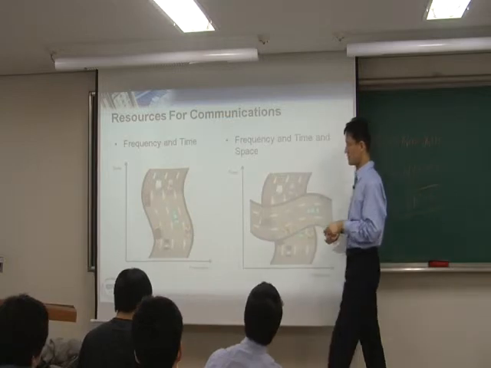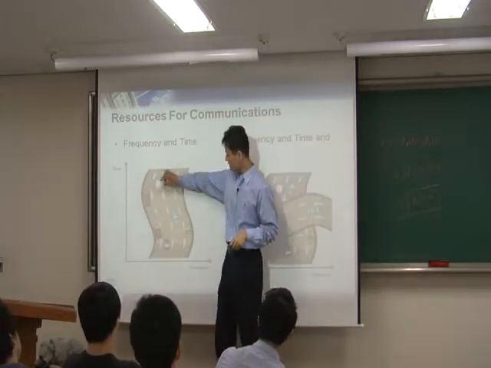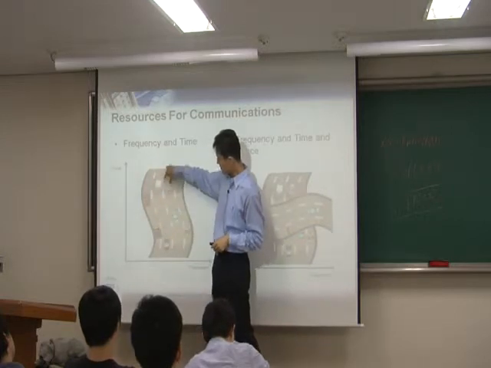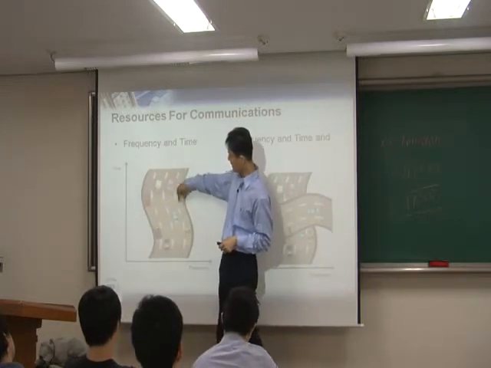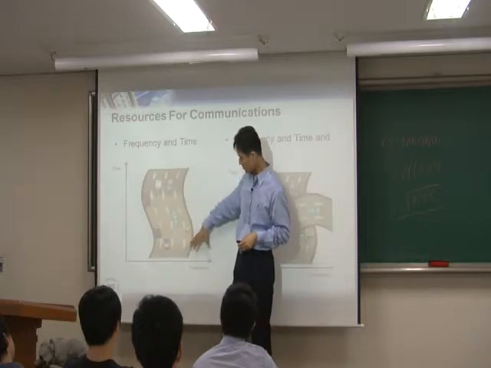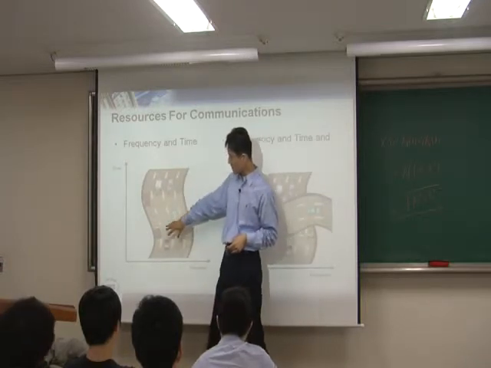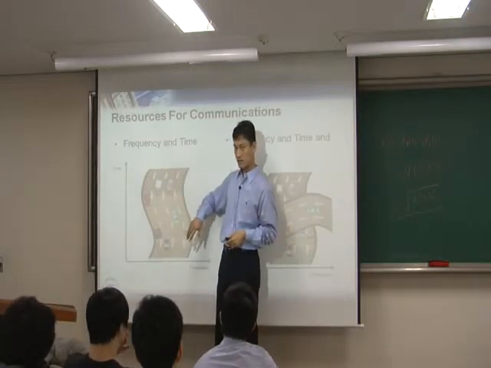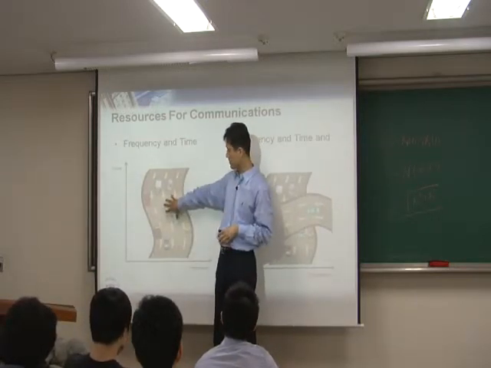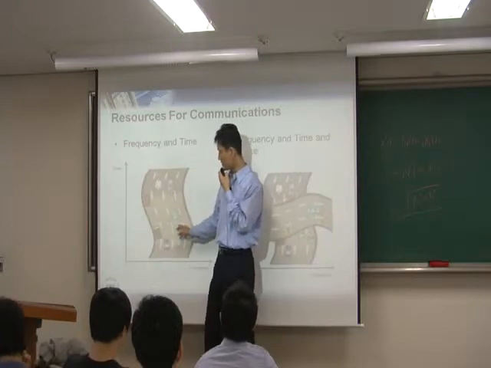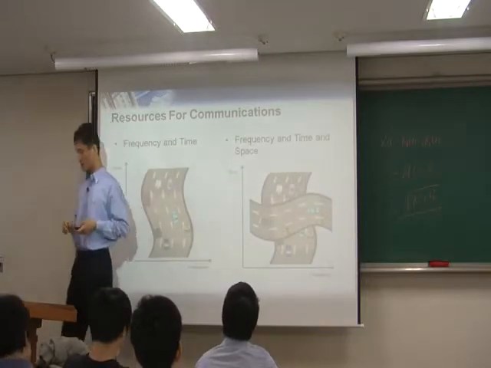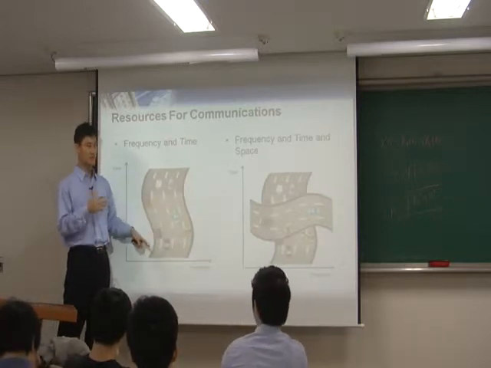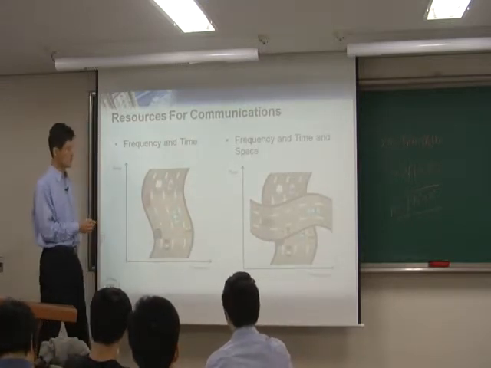So here's a simple picture. As I said, one frequency band, another frequency band, that's almost the same as the lanes on the road. Let's say this is a road. Let's put a time axis and frequency axis on the road. I'm basically looking from the top. We have some cars, some red cars, white cars, and let's say these are all the different users' data.